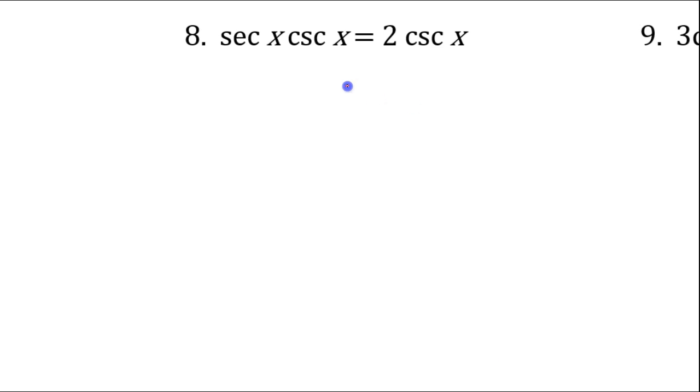Okay, number 8. Now I have secant and cosecant. I have a couple of ideas. If I brought that over, I could factor it out. Maybe I'll do it that way. I was thinking about rewriting both of these in terms of sine and cosine, but I'm wondering what would happen if I subtracted 2.